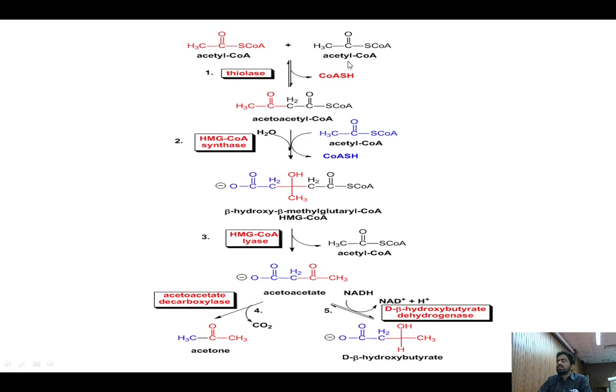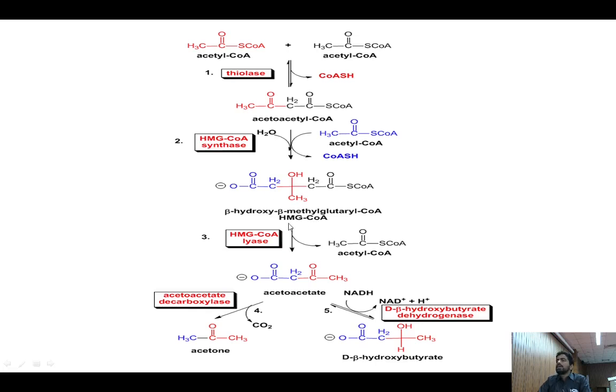Acetyl coenzyme A plus acetyl coenzyme A, in the presence of the thiolase enzyme, form acetoacetyl coenzyme A. If you see in reverse direction, you will remember that this was the last step of fatty acid oxidation. Acetoacetyl coenzyme A was forming two molecules of acetyl coenzyme A. So once acetoacetyl coenzyme A is formed, in the second step the enzyme HMG coenzyme A synthase forms HMG coenzyme A.